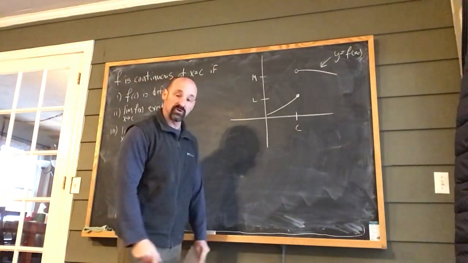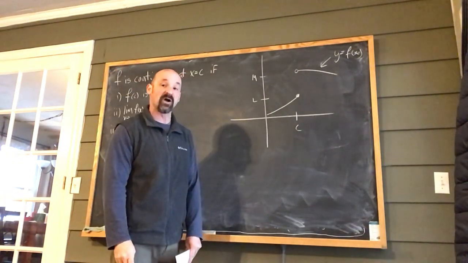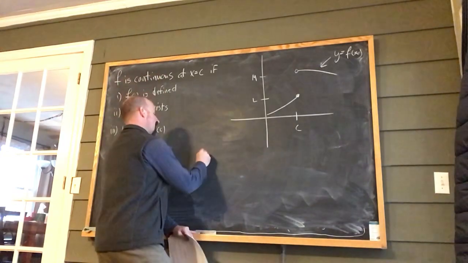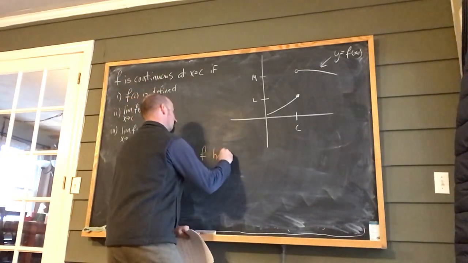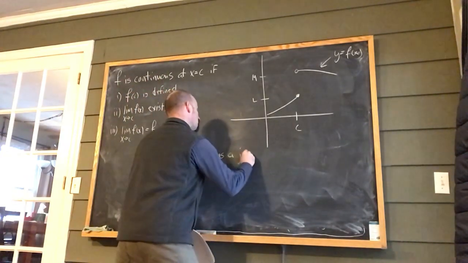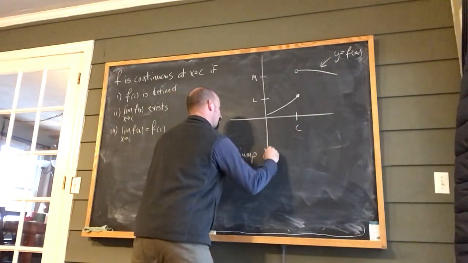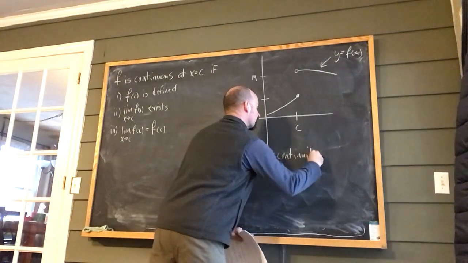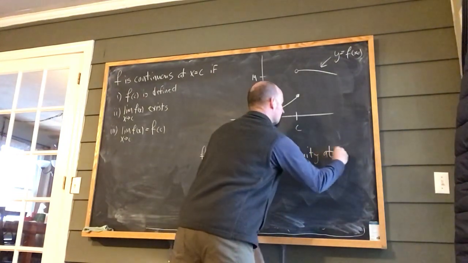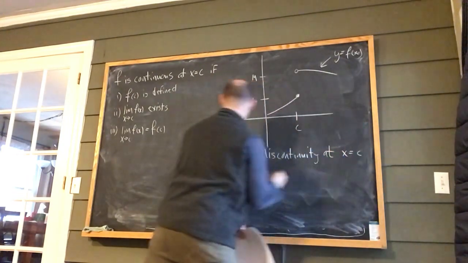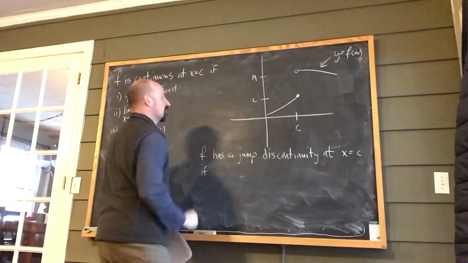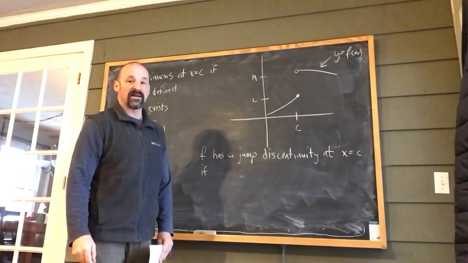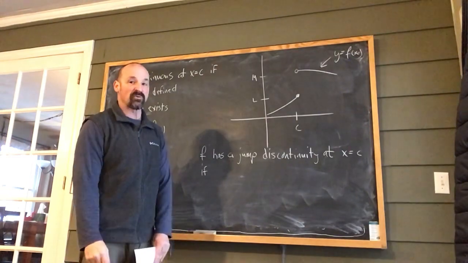We call a discontinuity that looks like this a jump discontinuity. F has a jump discontinuity at x equals C if the left-hand limit and the right-hand limit both exist but are not equal.